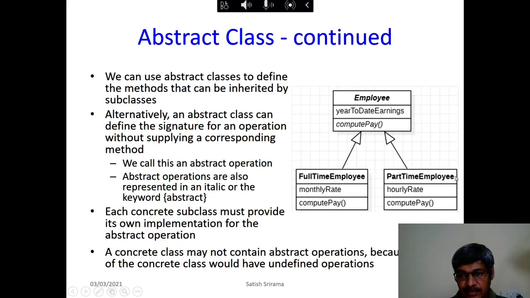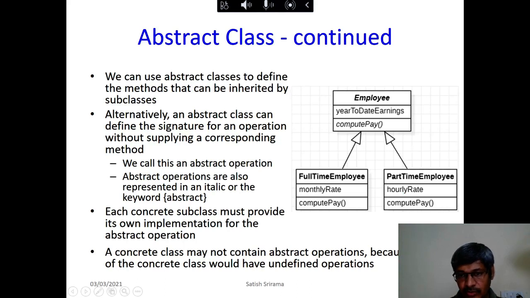Similarly, a part-time employee is also a subclass. It has an hourly rate, so you can calculate the payment. This part-time employee subclass of the abstract employee class can have a proper implementation of compute pay.